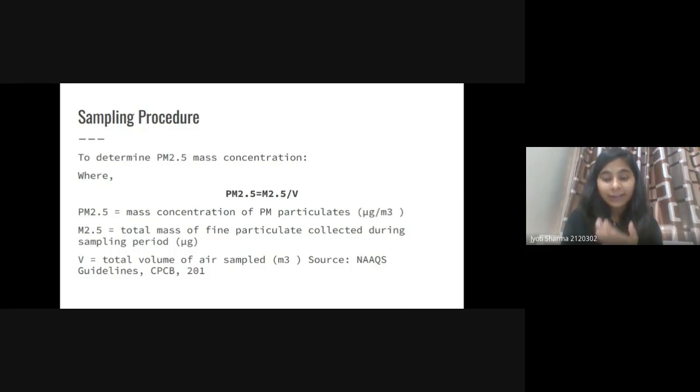If you divide, think about that. The flow rate is in meter cube per second, right? If you multiply meter cube per second by second, the unit you get is meter cube per second square, which is not the unit for volume.